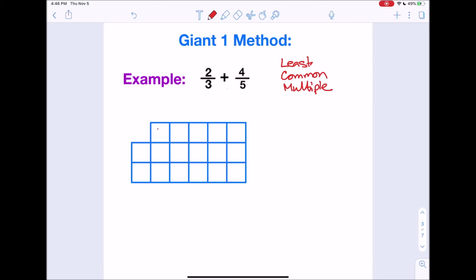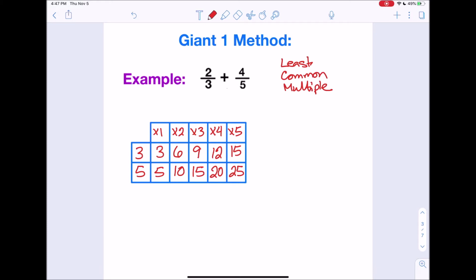And multiples would be times 1, times 2, times 3, times 4, times 5. Okay, and we're going to do that for 3 and 5. So 3 times 1 is 3, 3 times 2 is 6, 3 times 3 is 9, 3 times 4 is 12, 3 times 5 is 15. Then we do it for 5. 5 times 1 is 5, 5 times 2 is 10, 5 times 3 is 15, 20, and 25.